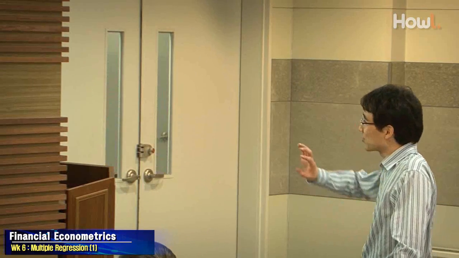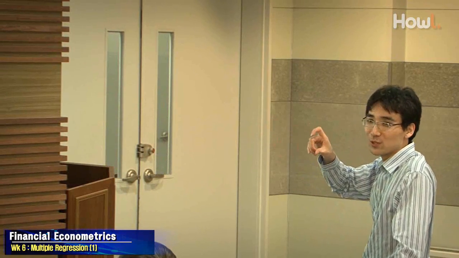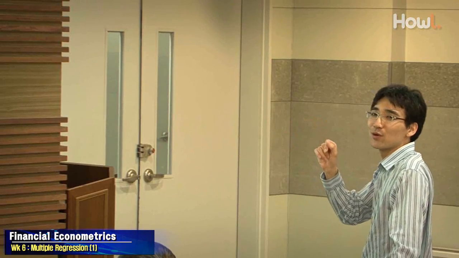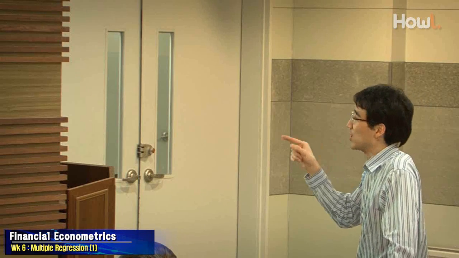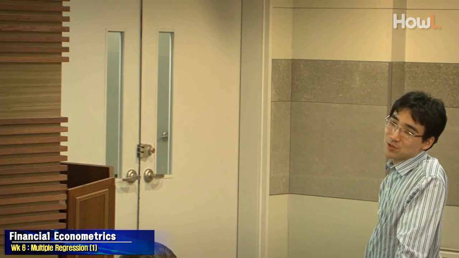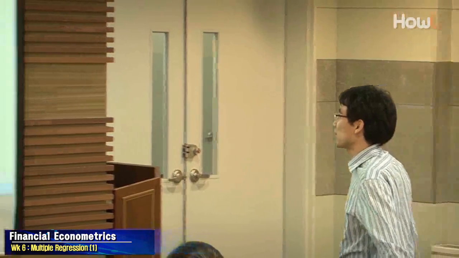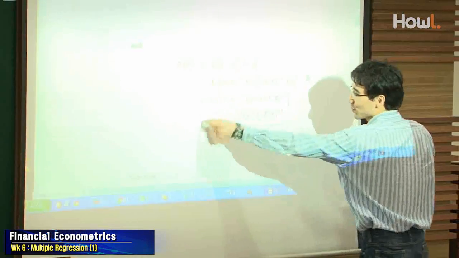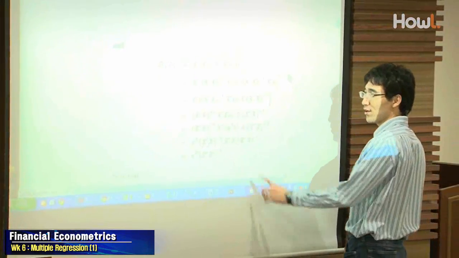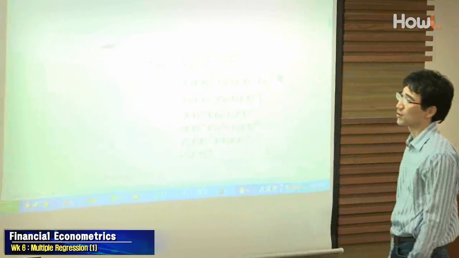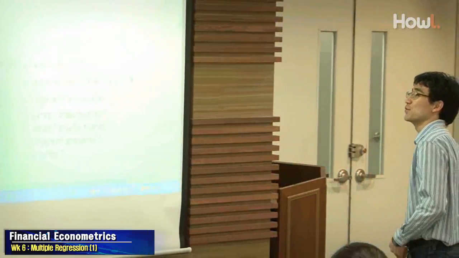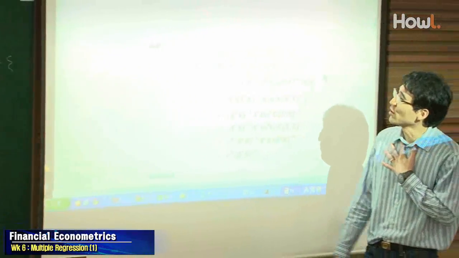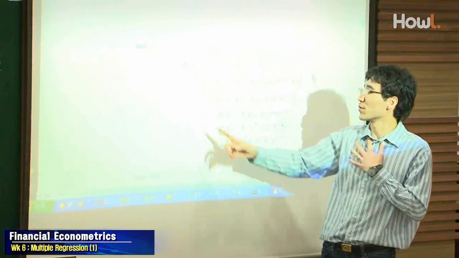So the off-diagonal terms of epsilon epsilon prime are all 0, and the diagonal term is simply epsilon i squared, which is simply the variance of the epsilon, which is sigma squared. It is sigma squared times the identity matrix, and it is a scalar, so we can take it outside, and then this one cancels out, and we go with this part.